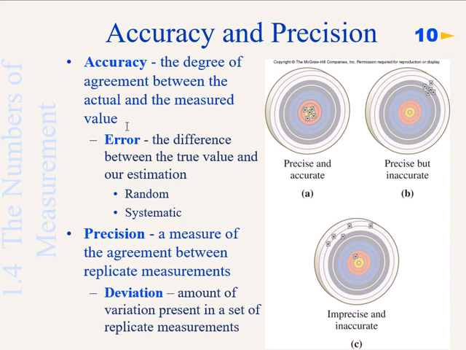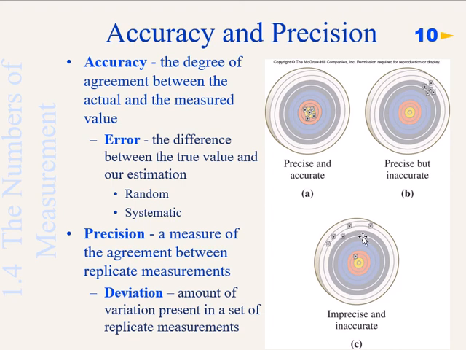We represent accuracy by calculating something called percent error, which we will do in the next lab on density and volume in week 3. The error is the difference between the true value and our estimation, and the error could be random or systematic. What's the difference? Random error means that your values are showing up in every direction around the actual value.